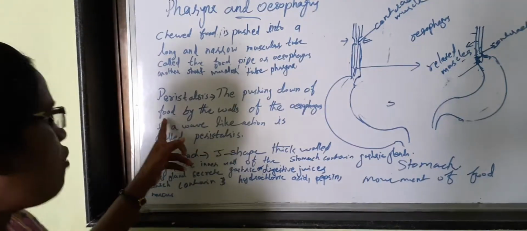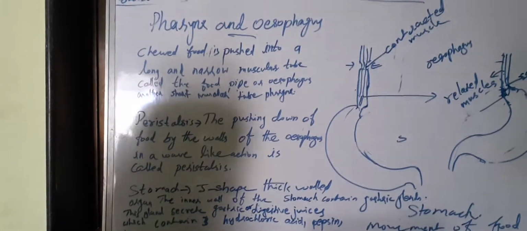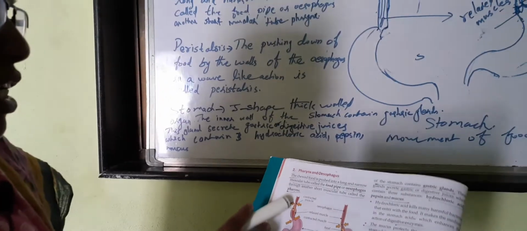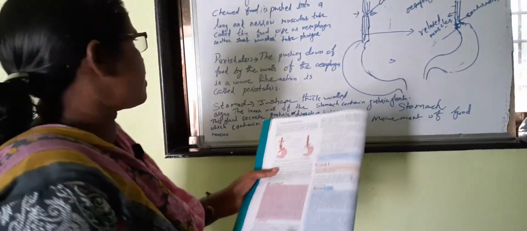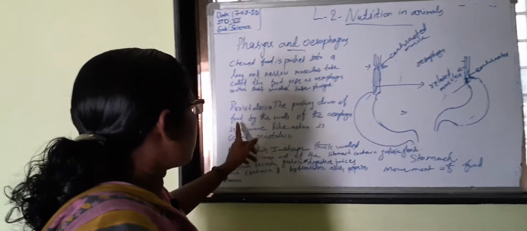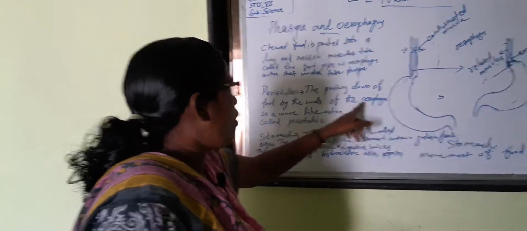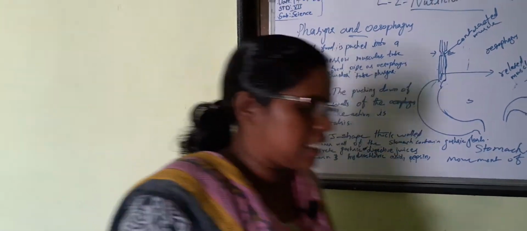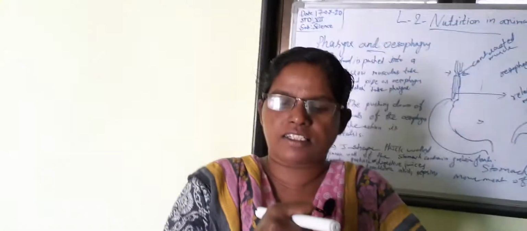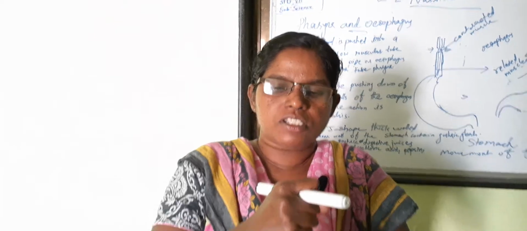The pushing down of food by the walls. Which walls? The walls of the esophagus, the muscular tube. All sides are walls. So the pushing down of food by the walls of the esophagus is in a wave-like action. Here it is closing, here open, here closing, here open.